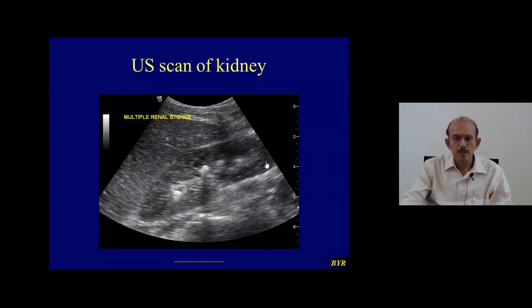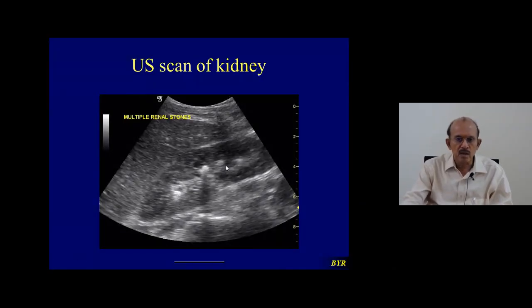Here is the pelvis of the kidney, and you can see a hyperechoic shadow giving a shadowing effect. That means it is a renal calculus. Similarly, you can see another renal calculus here with shadowing.